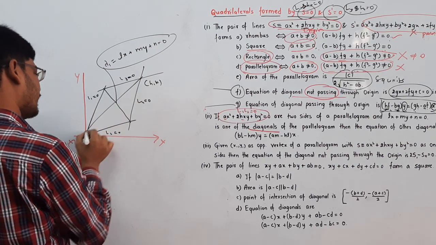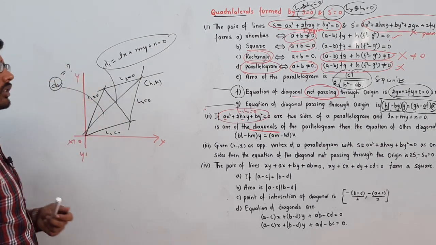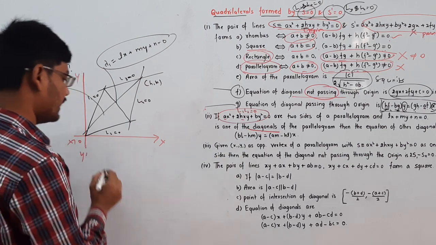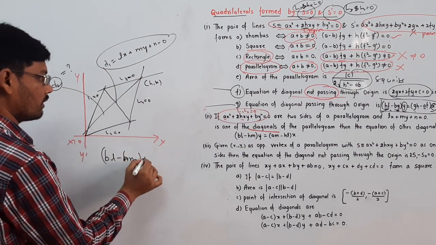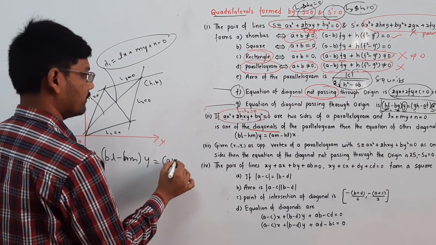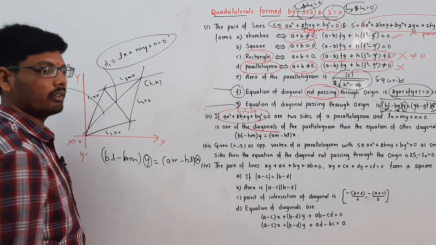If you want to find the second diagonal, d2, the condition is (bl − hm)y = (am − hl)x, where x and y are variables here.